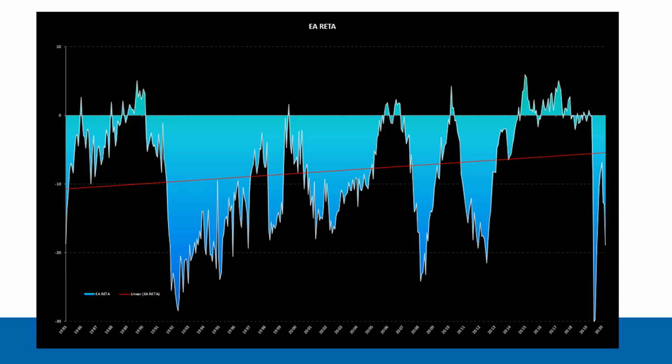And if you think of the consumer sentiment data that we looked at on the previous slide, that's extremely unlikely to happen.